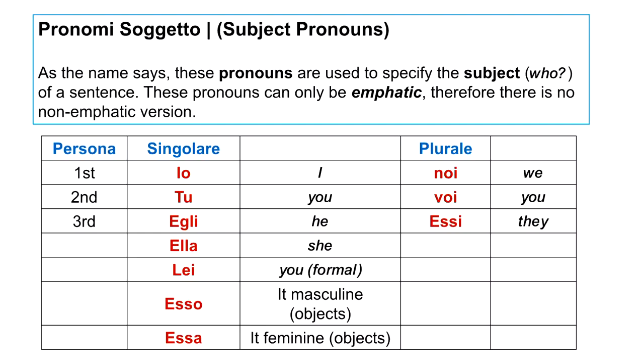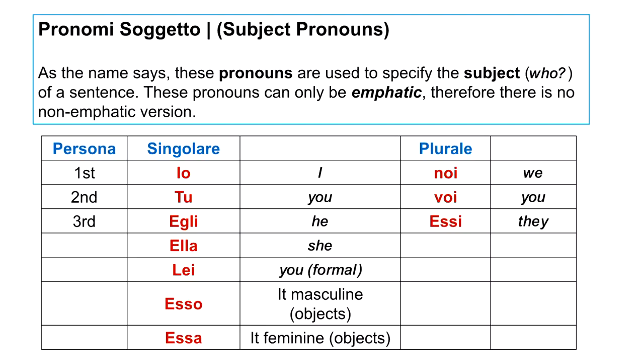Similar thing applies to the feminine third person, which is ella, and nowadays people use lei, but that also is confusing. That's why I personally don't like to use lei for the third person, the feminine third person. Why? Because that confuses people.